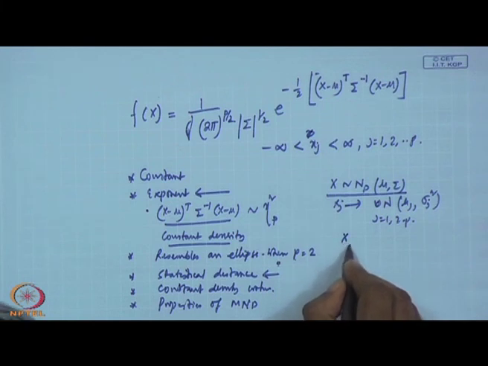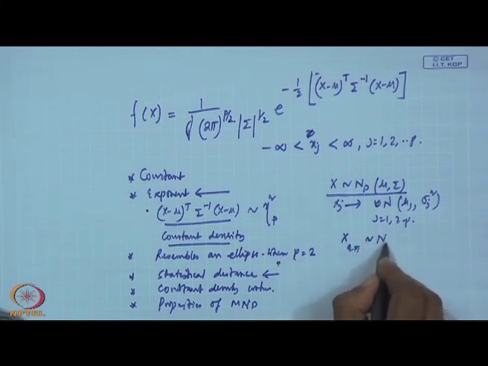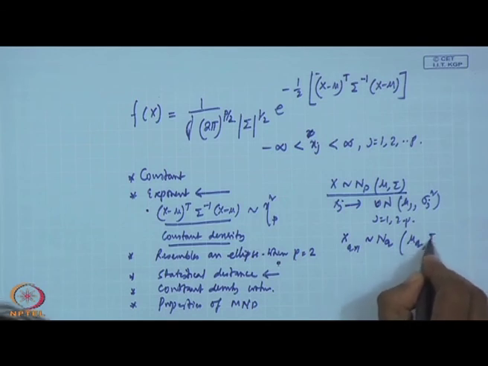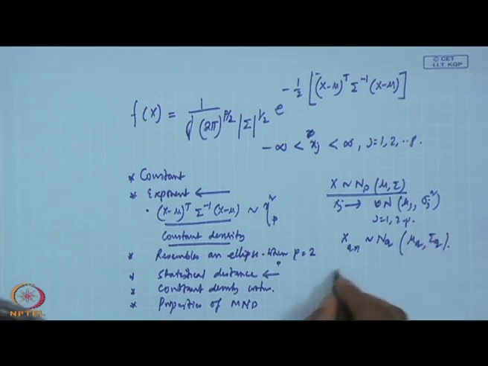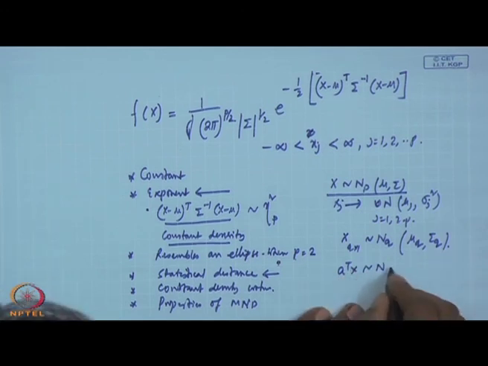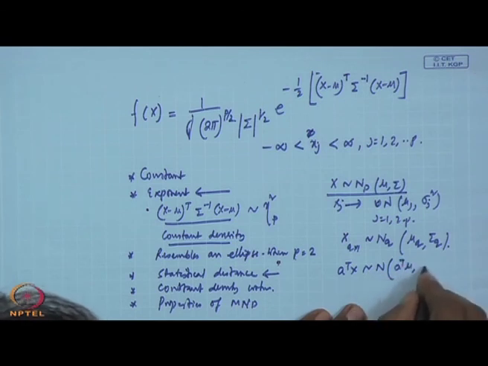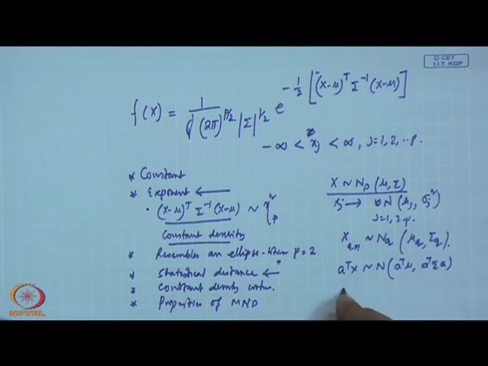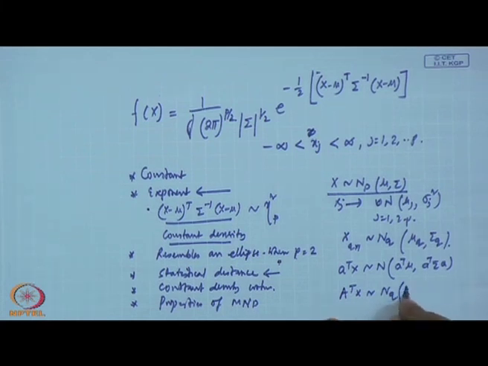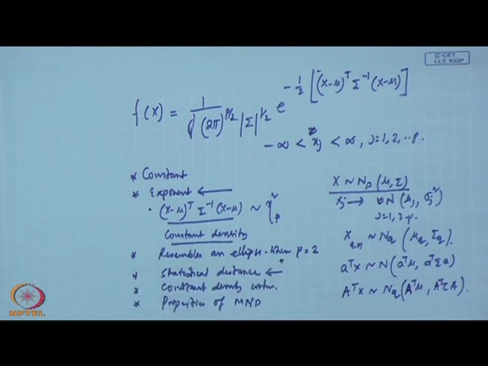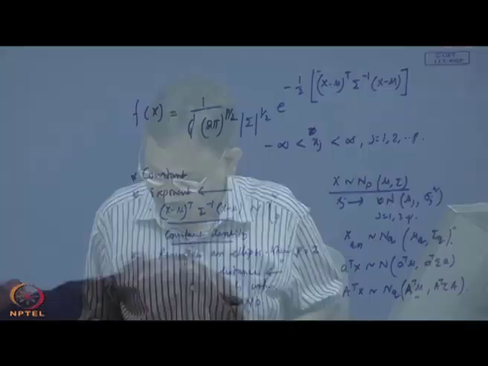So, if I create a subset X1 of size q, it will have mean mu_q and covariance sigma_q. Then a linear combination A transpose x will be univariate normal with mean A transpose mu and variance A transpose sigma A. If you take q linear combinations, then that will be multivariate normal with mean A transpose mu. Only the matrix multiplication compatibility you have to check.